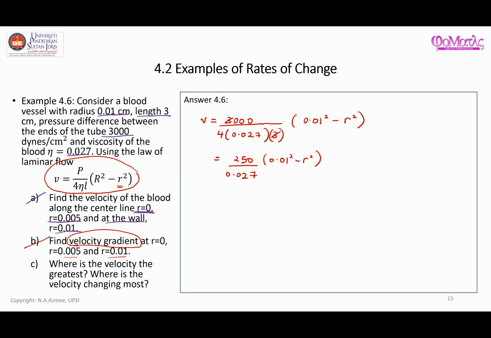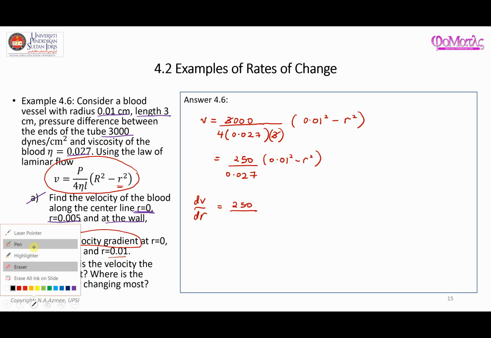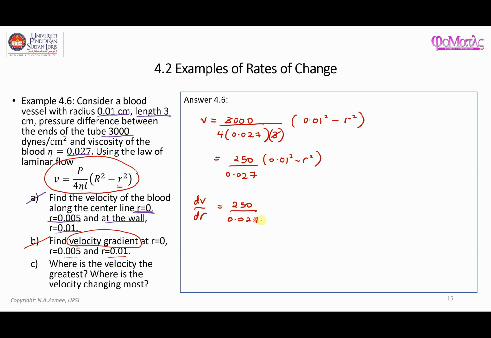So now I'm going to differentiate this function. So dv dr will be equal to, this is a constant, so I'm going to put it aside, 0.027. Now if I differentiate this part here, this will be also a constant, so this will be 0, and if I differentiate this one, I will get -2 times r. And so this can be simplified as negative 500 over 0.027 r.